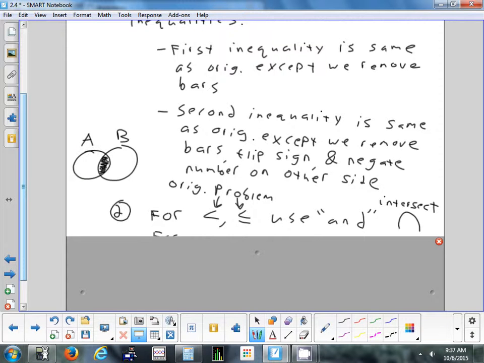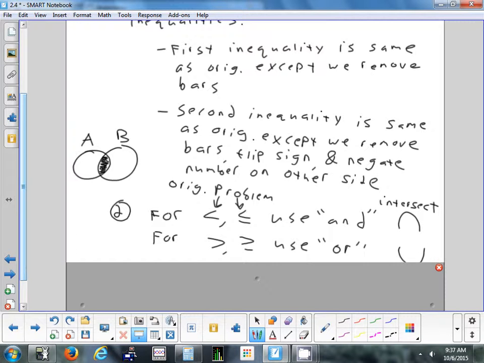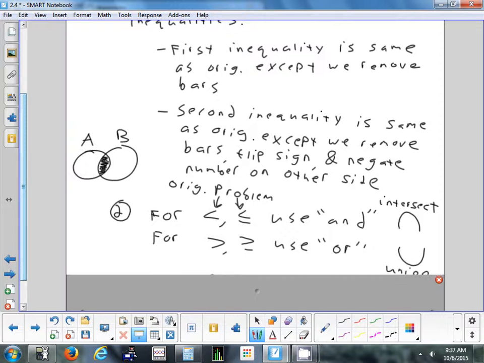So that's where that term comes from. If the original problem has the other two symbols, greater than or equal to, that's when we use or. And the symbol for that is a U shape. You might see that in our book. It's called a union.